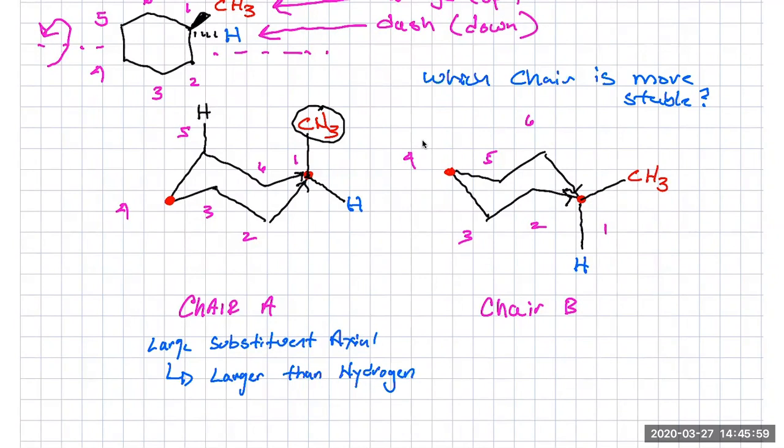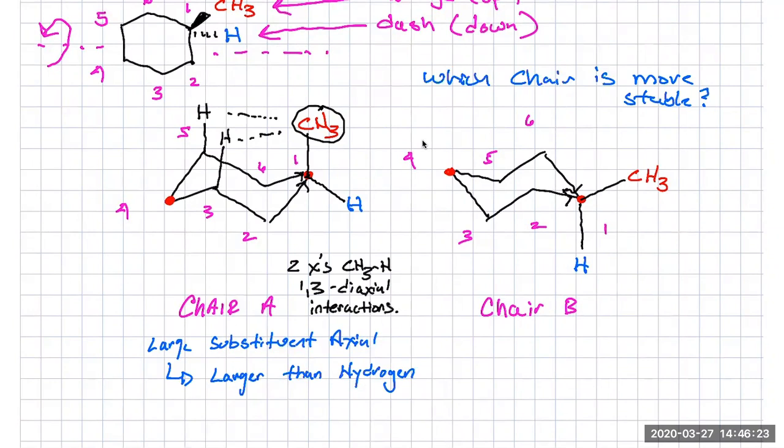So I have a hydrogen there, axial, on the same face as the methyl group, and so here, I get 2 times the CH3 hydrogen 1,3 diaxial interactions.